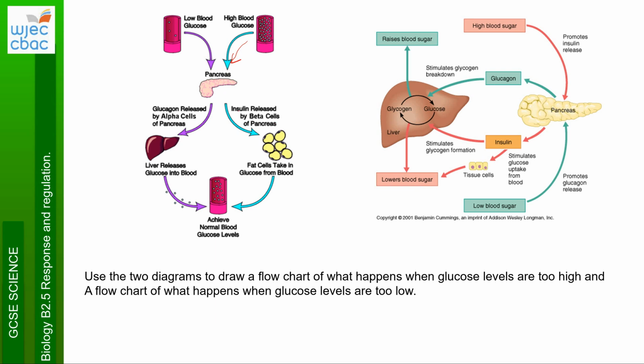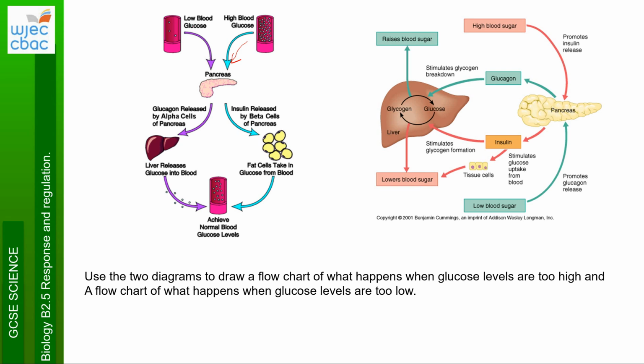Insulin is released by cells in the pancreas. Then the glucose is taken from the blood, either to be used by cells for respiration or stored in the liver as glycogen, and then you go back down to normal blood glucose levels.